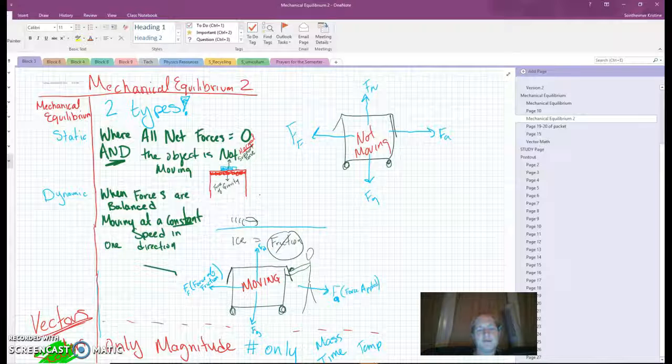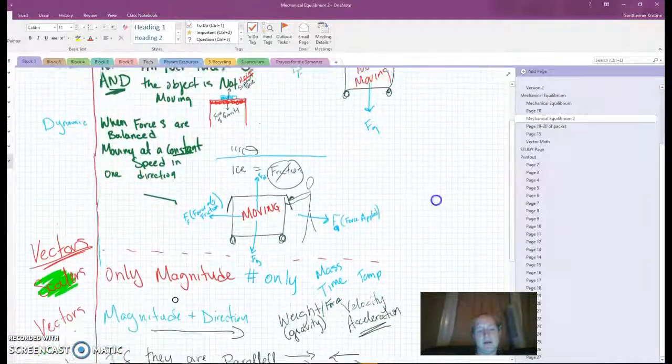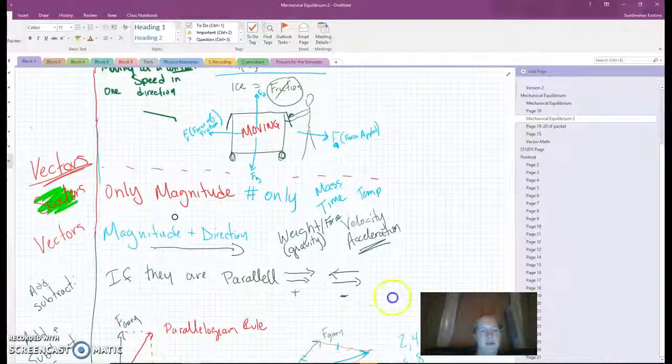Actually, no, you definitely questioned me on that because you said something about, well, what about increasing speed? And you're absolutely right. As the speed increases, the frictional force becomes a little bit different. It changes into a different type of energy, but it does increase because you're heating it up. So that was a great question.